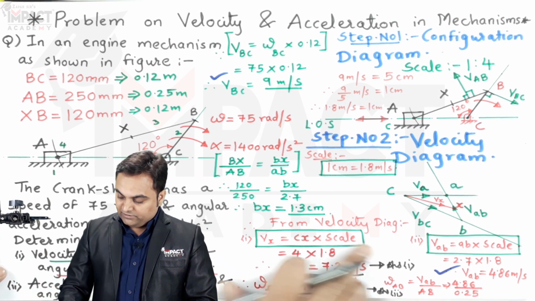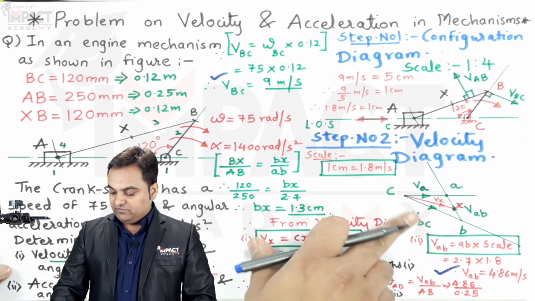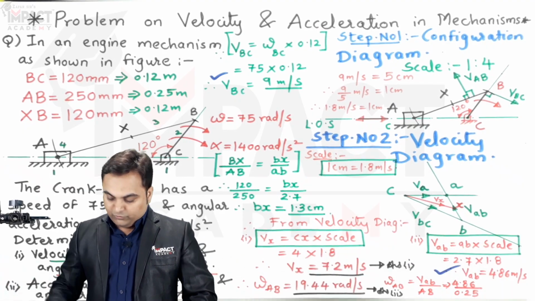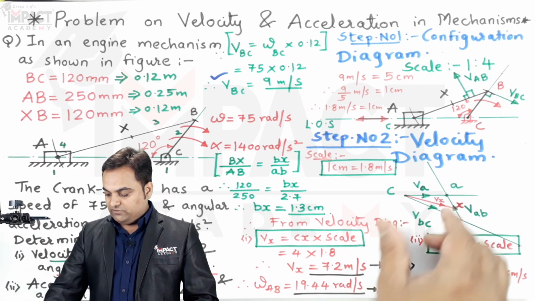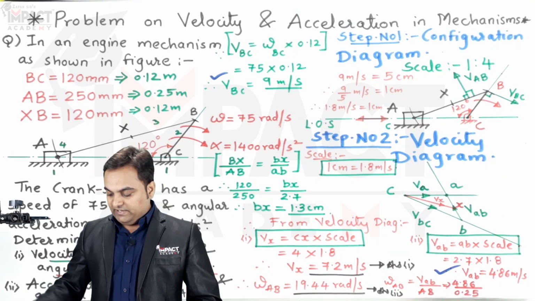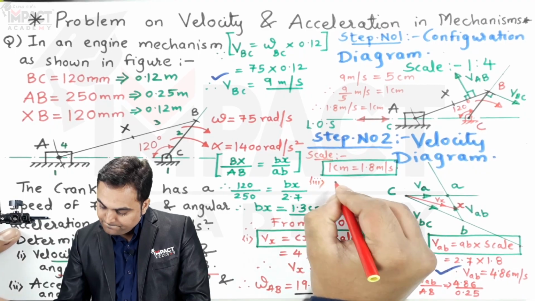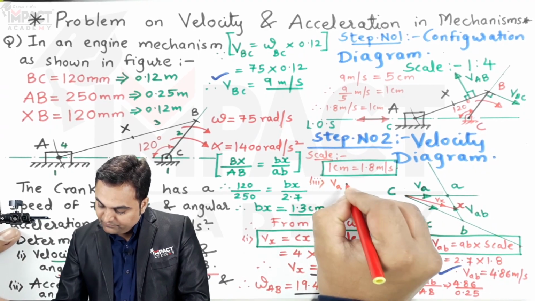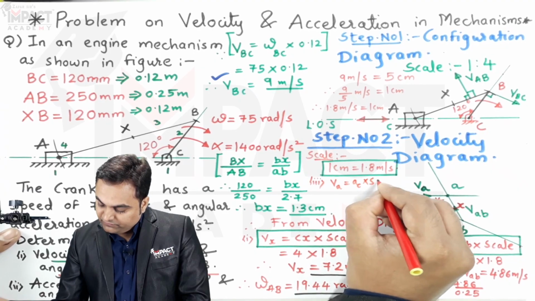Now we require the velocity of point A, or we can say the velocity of piston A with respect to the fixed point. So I am going to find that here. It has not been asked in the question, but we would be requiring this velocity in order to solve the acceleration diagram. So for VA, the velocity of piston A is distance AC into scale.